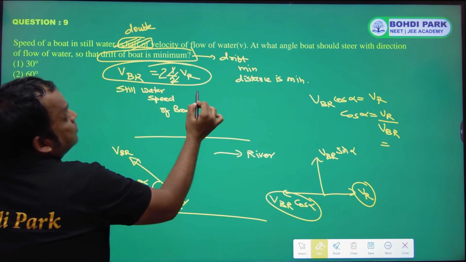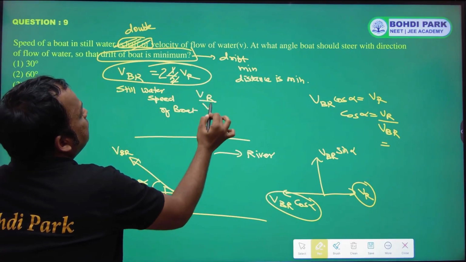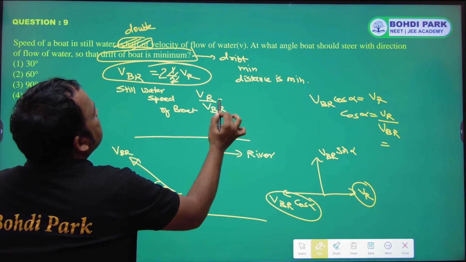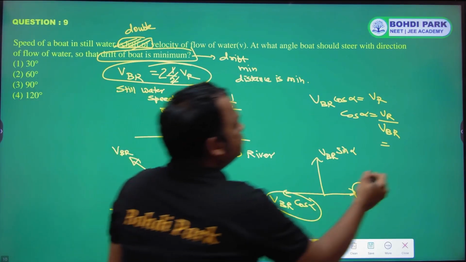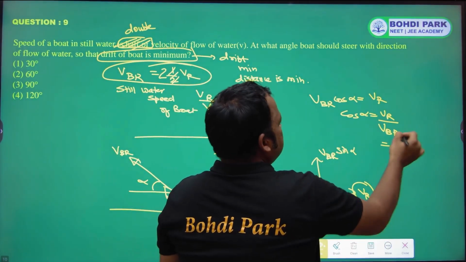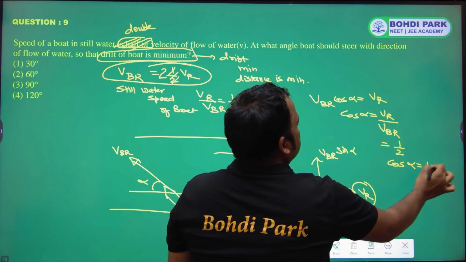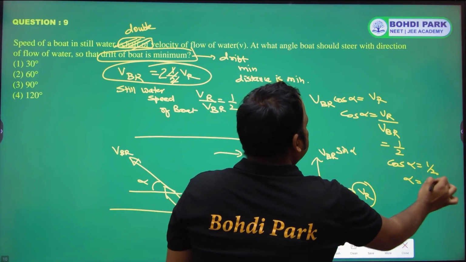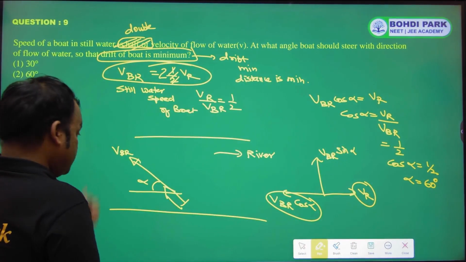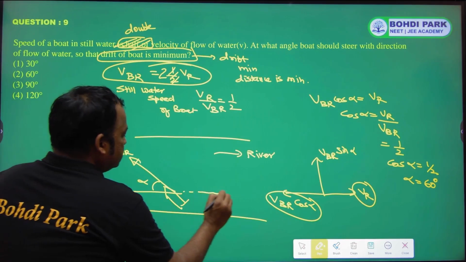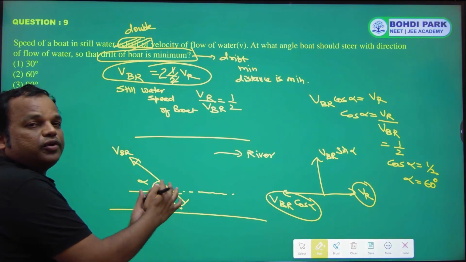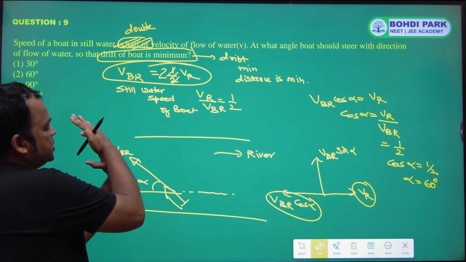Okay. So VR by VBR is equal to 1 by 2. So cos alpha is equal to 1 by 2. So alpha is 60 degree. Alpha is 60 degree.